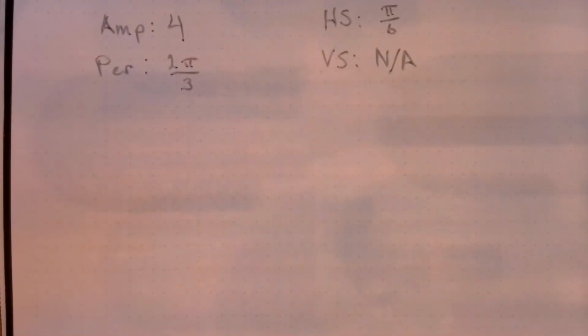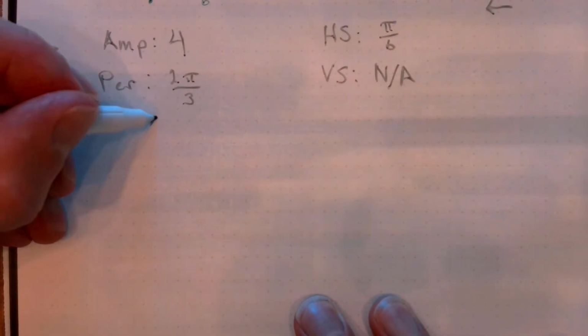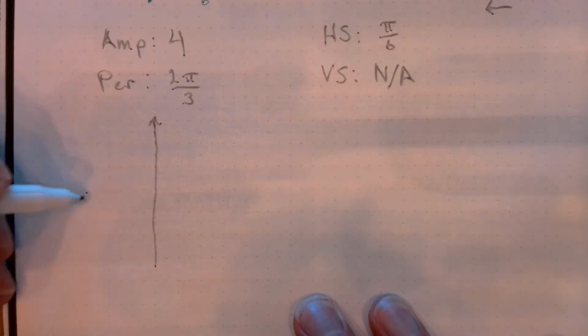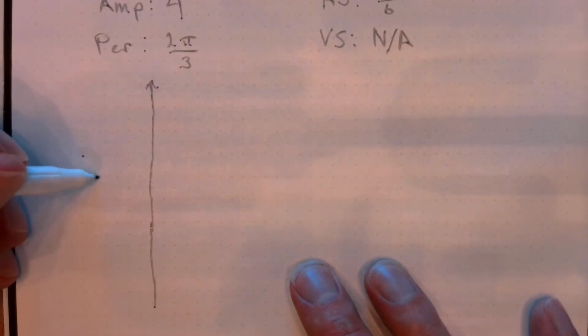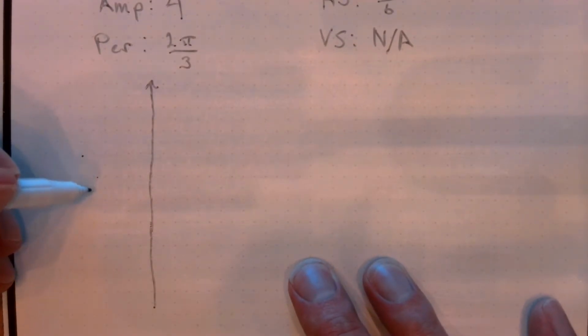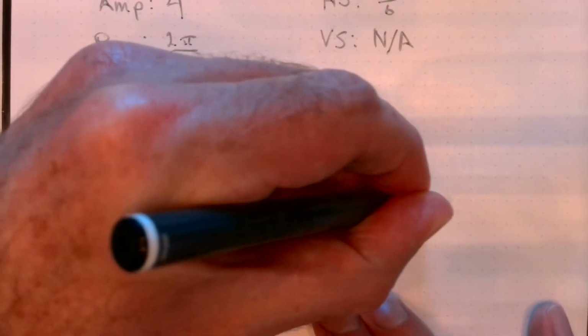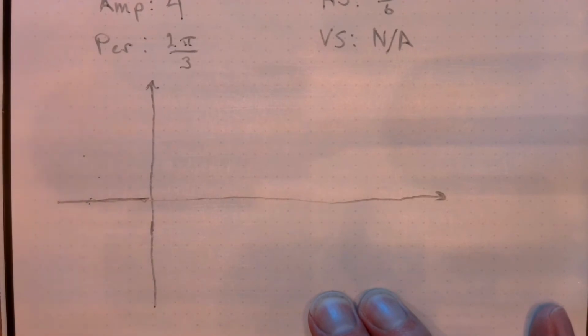Okay, so putting all that information together and drawing our picture. Okay, let me give myself some nice space right there. And we'll go, I don't know, we'll go right here. Okay, now I do need some space on this side.